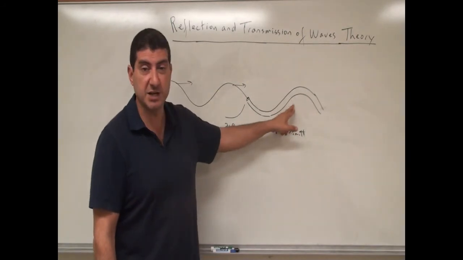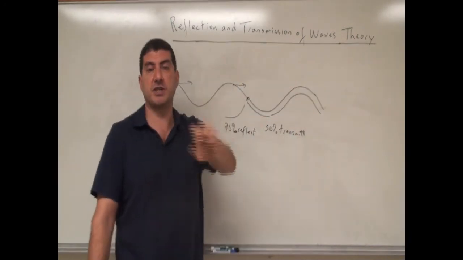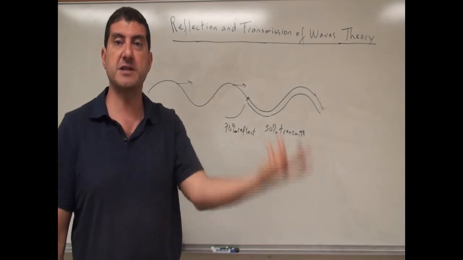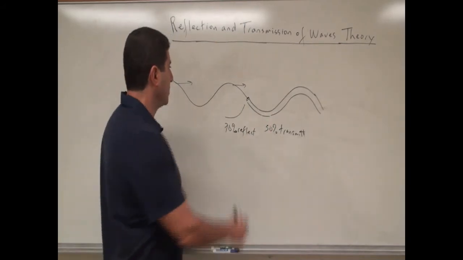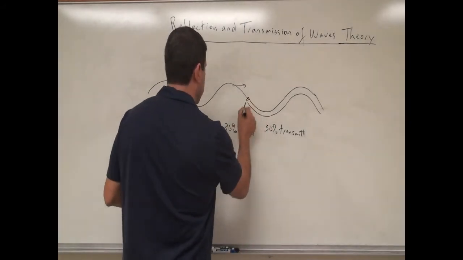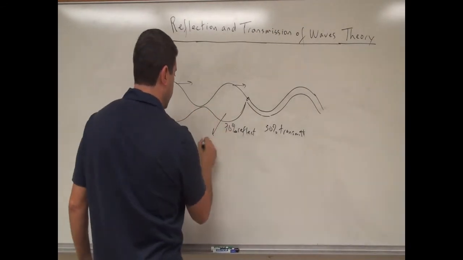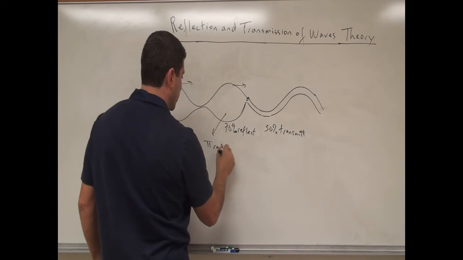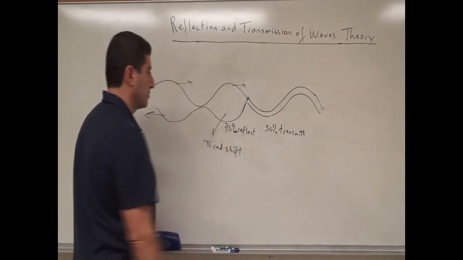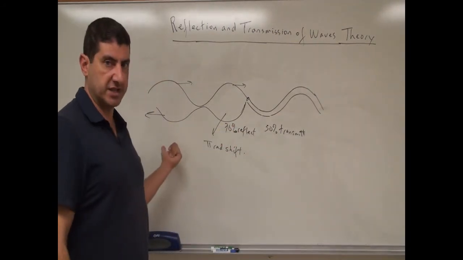Because this is a thicker medium, and the index of refraction of oil is bigger than the index of refraction of air. So upon reflection, you have a pi rad shift, right? 70% of the energy of the wave, let's say, reflects back.